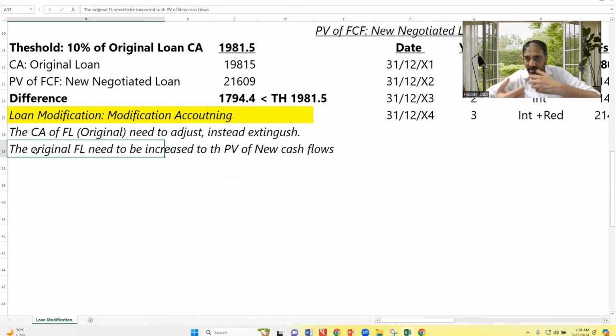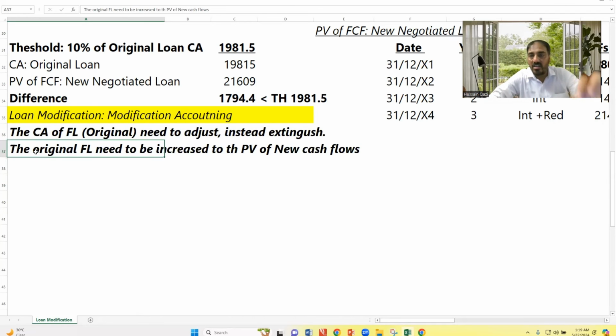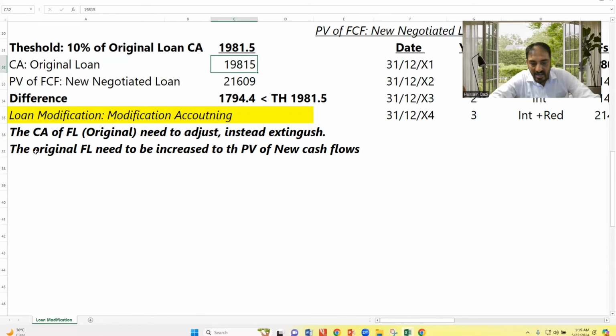What adjustment? The original financial liability needs to be increased to the present value of the new cash flows. The original liability here is 19,815. The difference says you need to increase your liability, because the new liability present value is 21,609. So the adjustment needed is 1,794.